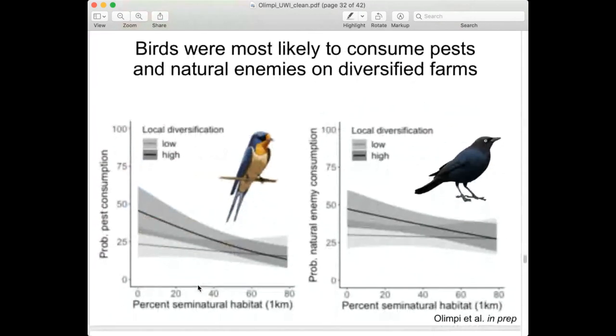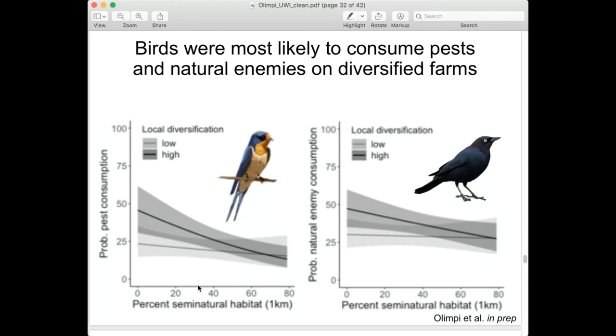We also looked at pest control and pest control disruption. We see these same sorts of trends where on farms and intensive landscapes, we have more of an ecosystem service. So we see more pest control in intensive landscapes on farms that are diversified. But we also see in those landscapes that birds are consuming more beneficial insects like natural enemies.